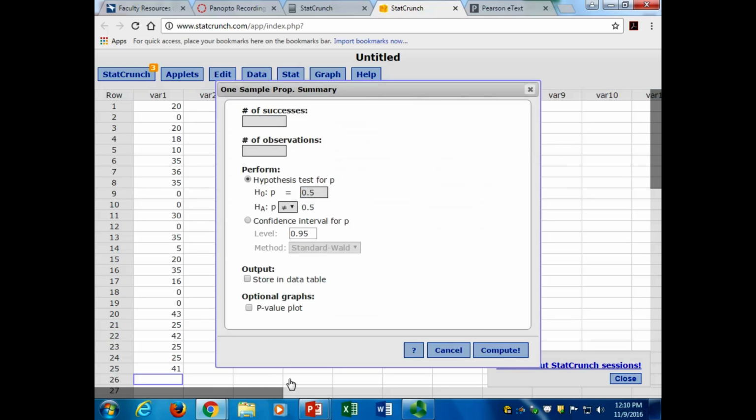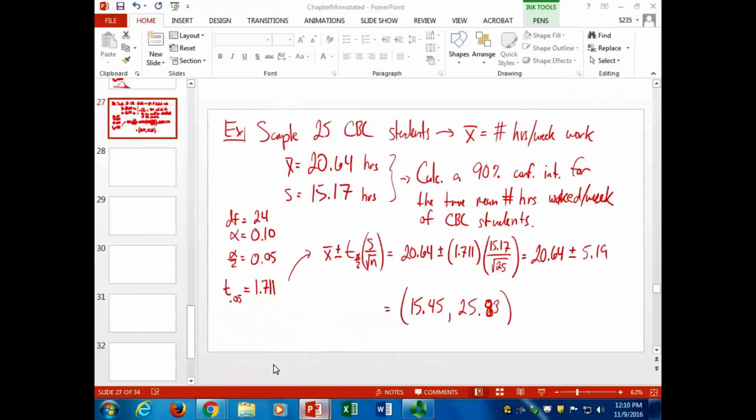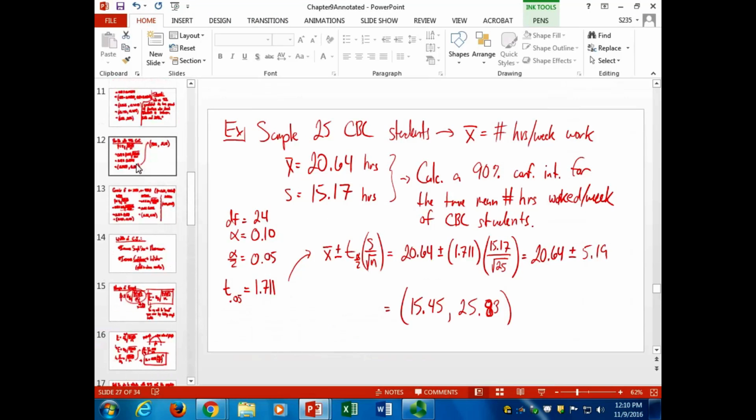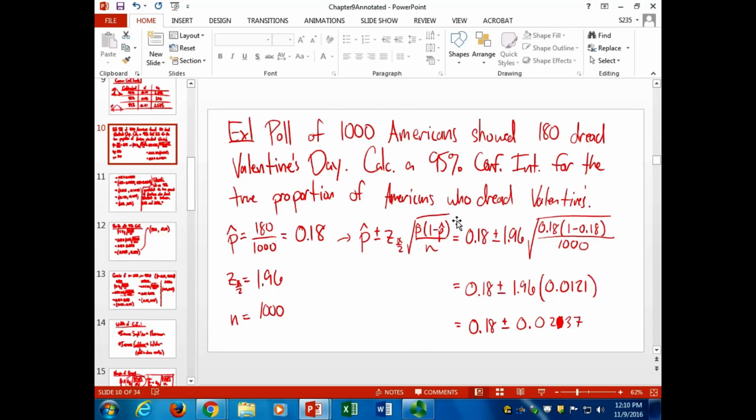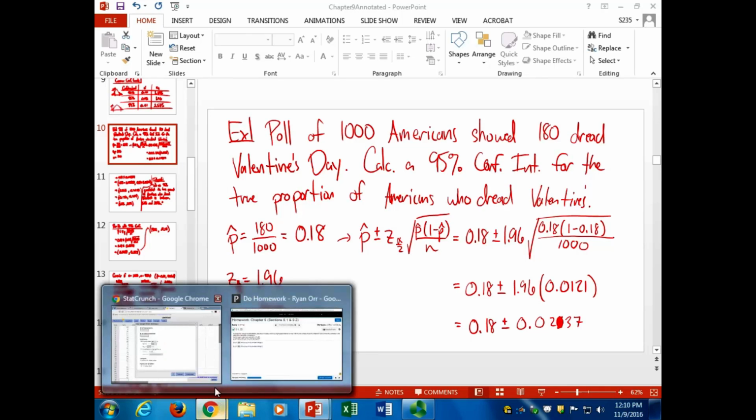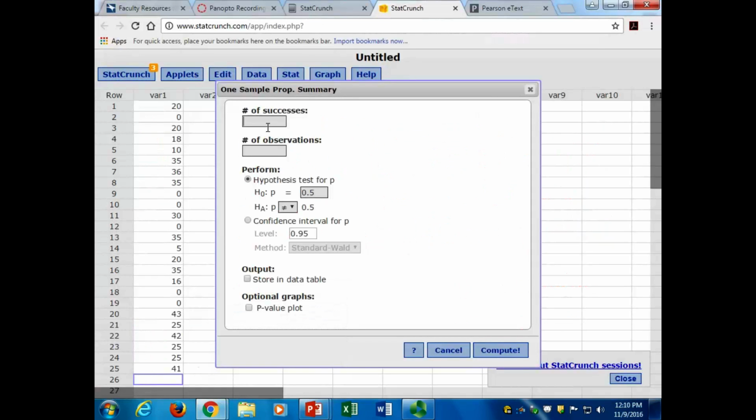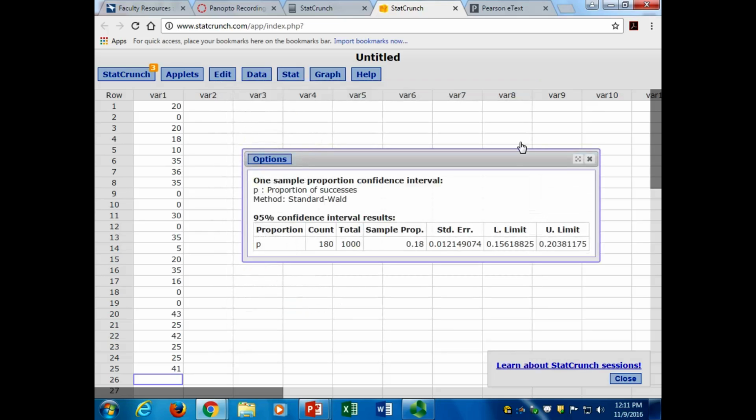So let's go back. We can scroll back to one of those examples we did a while ago with proportions. Let's say, what was it, like back here, right? So 1,000 Americans, 180 don't like Valentine's Day, and we wanted a 95% confidence interval. So if we go back to our calculator here, we see 180 people out of 1,000 that didn't like Valentine's Day, and we want a 95% confidence interval, and we compute that.